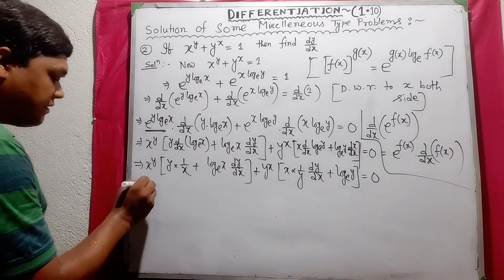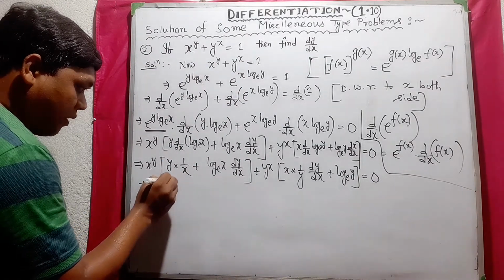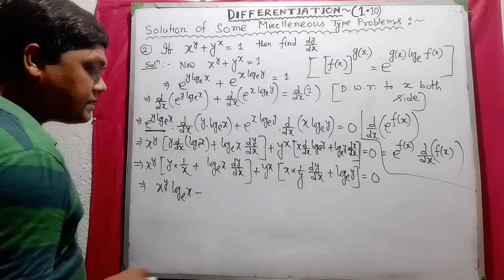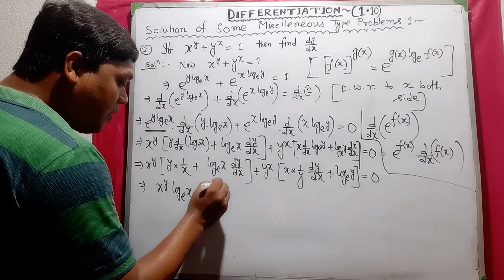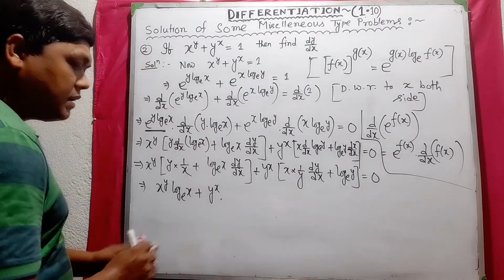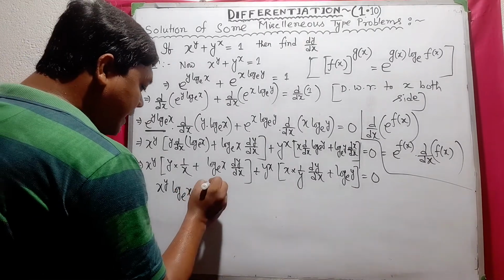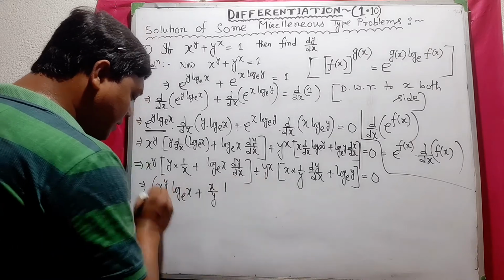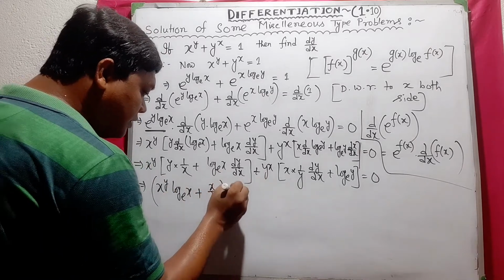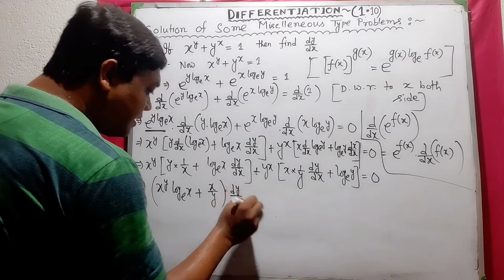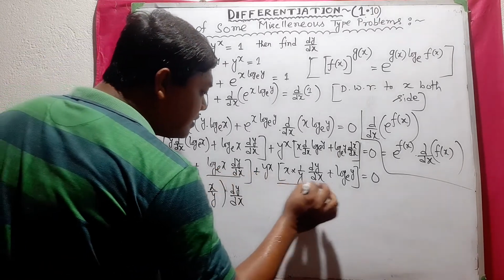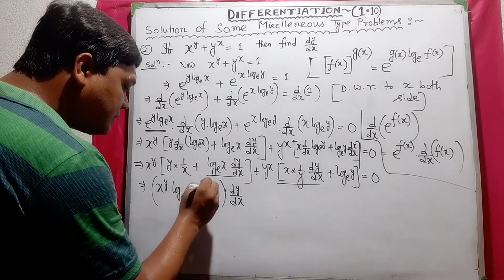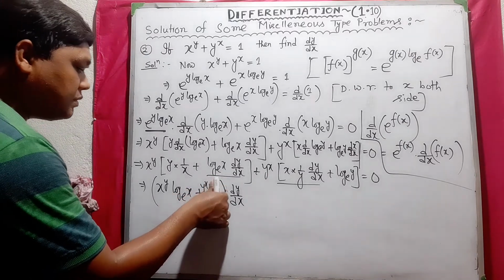Now we separate the derivative term. So x to the power y log x base e plus y to the power x, plus x by y, first bracket close, dy/dx. From these two parts I multiplied together, y to the power x into x by y.